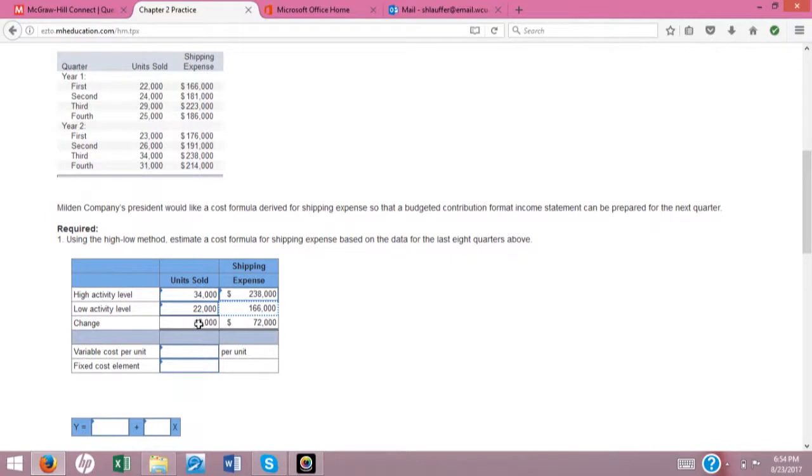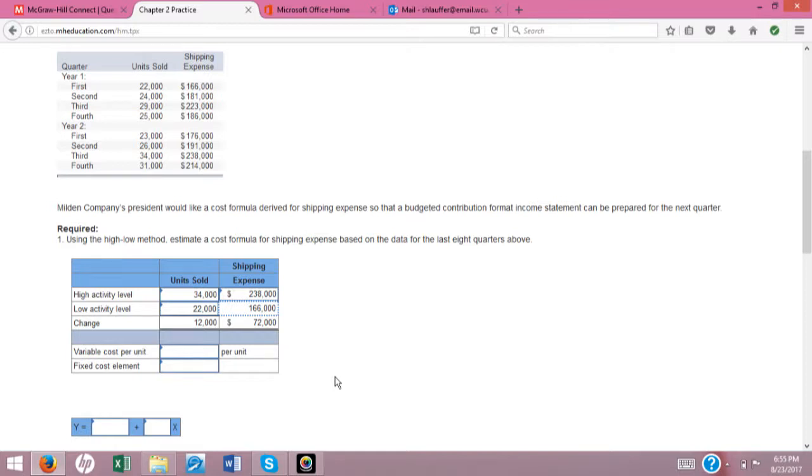Alright, then we're going to calculate the change, and mine did it automatically. Yours would be the difference between the two, so of course that gives you an amount of change. And then we are going to calculate the variable cost per unit and the fixed cost element.